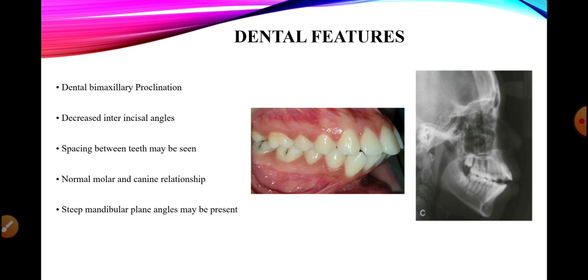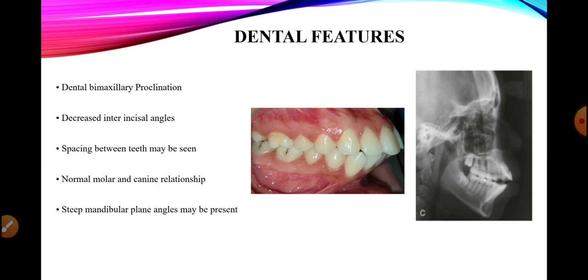Then we talked about the bimaxillary proclination or protrusion, in which we said that the maxilla and mandible are not in harmony, they are prognathic. There can be an increased A and B, convex profiles, incompetent lips, everted lips, and a steep mandibular plane angle in cases of bimaxillary proclination. And we talked about the dental features.